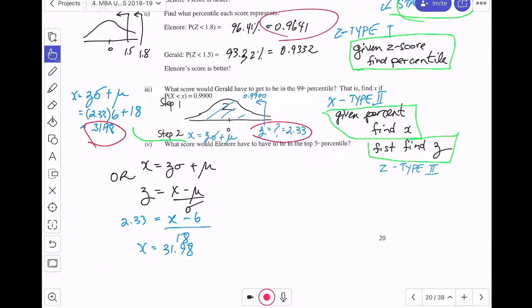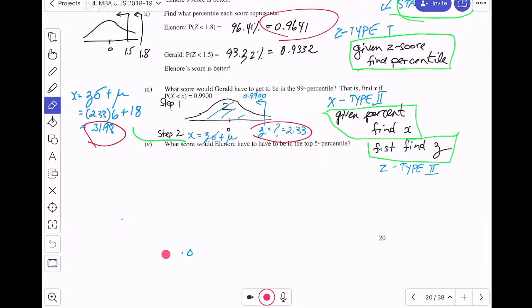So let's solve. I'm going to erase this. Let's solve for Eleanor now. What score would Eleanor have to be in the top 5%?